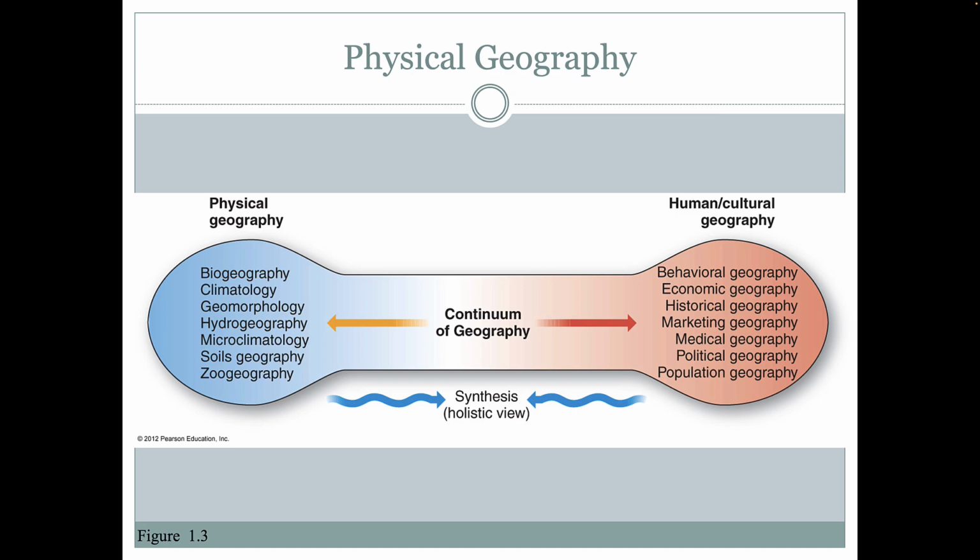And that's really the exciting part about geography. Specifically for this class, we're going to be looking at landforms on the surface of the Earth, and those would be most aligned with physical geography, and more specifically with geomorphology, which is the study of the surface of the Earth and how it changes.